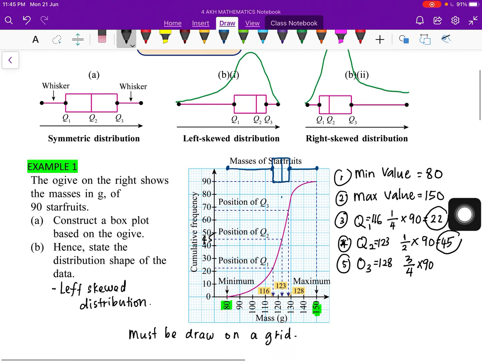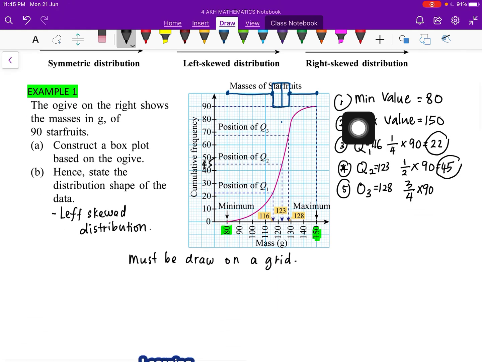We have 5 values that you have to find before constructing a box plot. Okay, and then kalau dia dalam soalan tak minta kamu construct, but you want to know the distribution without constructing, then you can do a sketch like this. Okay, from here boleh nampak sudah.